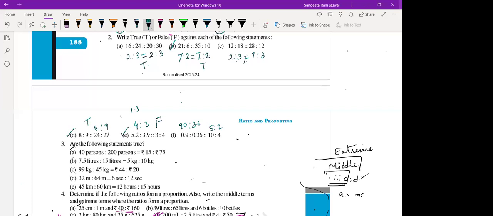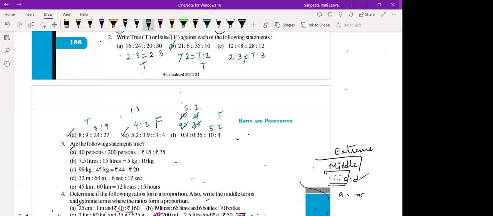So 90 and 36 can go with 9. 9 4s is 36, 9 10s are 90. So 10 and 4 is again 5 is to 2. So this is true, beta. It's not false. Okay, this is true. Right? Yes, ma'am. Okay, let's see the next one.